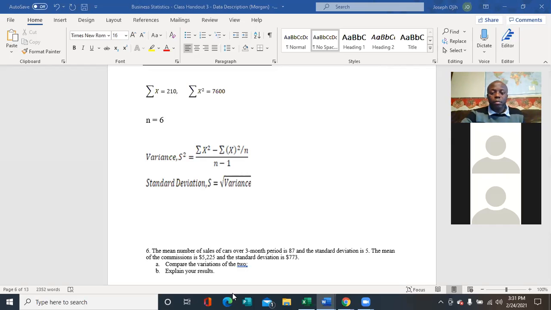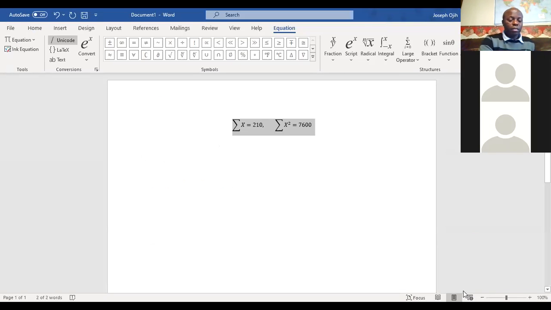Variance S equals the sum of x squared, which is 7,600, minus 210 squared, over n, which is 6, divided by 6 minus 1. See?